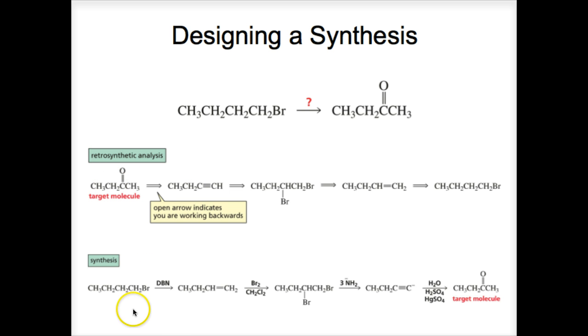So the synthesis would be to take our starting material, undergo an elimination reaction with a bulky base, maximizing the elimination product, brominate around the sp2 carbons, as you can see here, that sets us up for consecutive elimination reactions. In fact, there's going to be several, getting to the point that we have a triple bond. And then, as we remember, through oxidation, we can form the ketone, the carbonyl group.